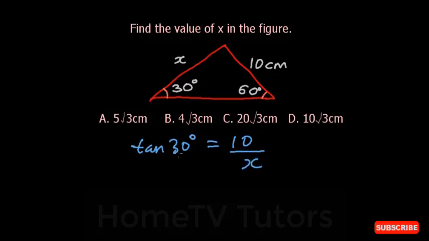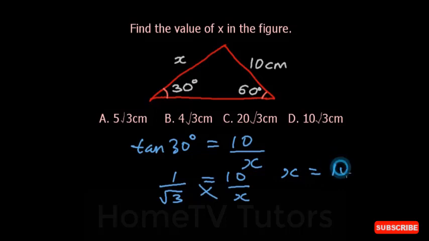Tan 30 degrees is 1 over square root 3, which is equal to 10 over x. When you cross multiply, you have x is equal to 10 times root 3, and that goes with the answer option D.